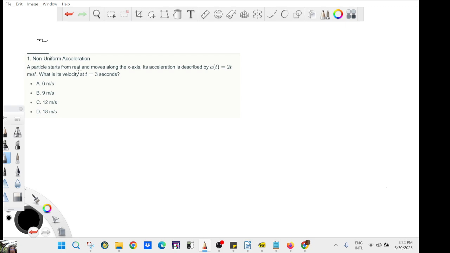So a particle starts from rest, so initial velocity is 0, and you have the acceleration. So usually we always deal with problems with a constant acceleration. So it means that if you look at the acceleration as a function of time, you see that the acceleration stays the same.